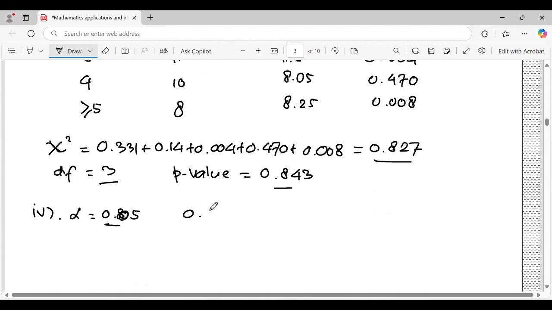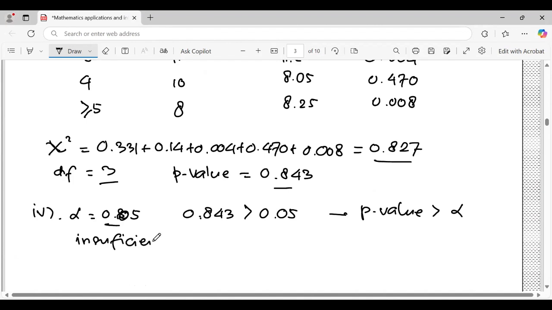So 0.843 is greater than 0.05. It means the p-value is greater than the significance level. So there is insufficient evidence to reject H0, the null hypothesis.